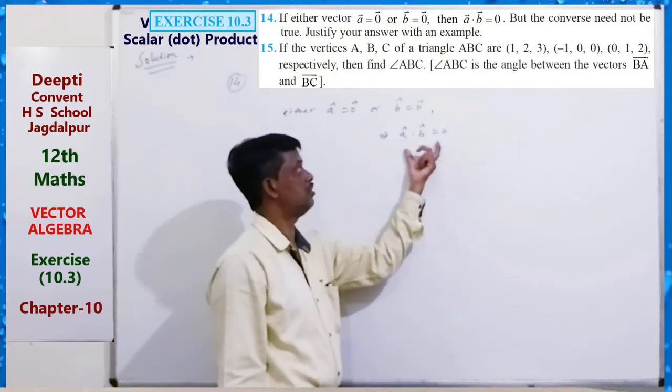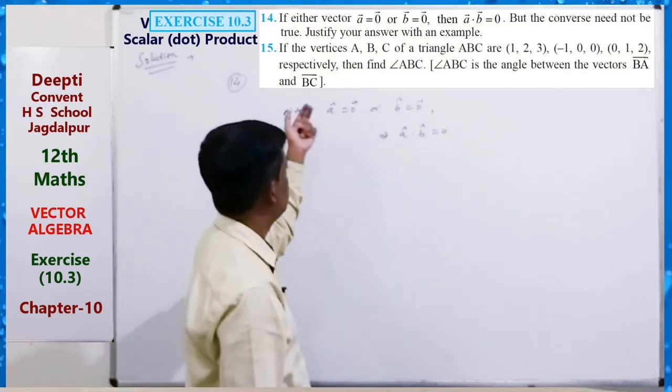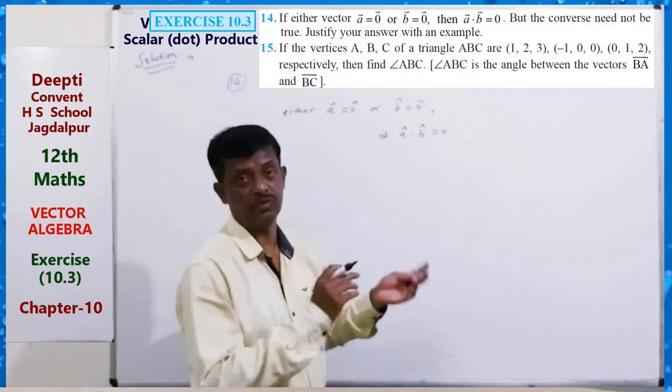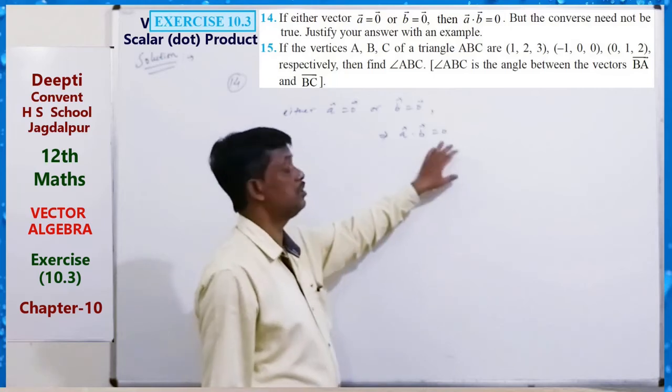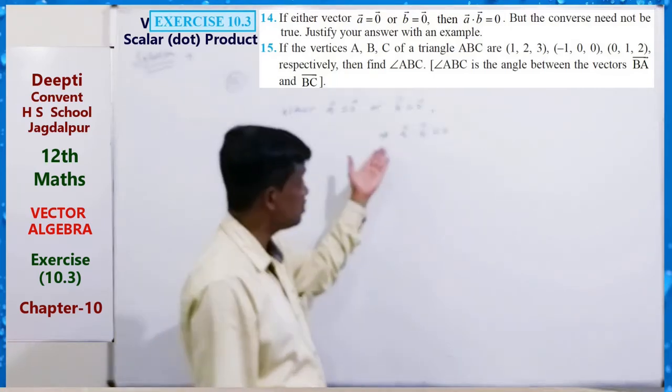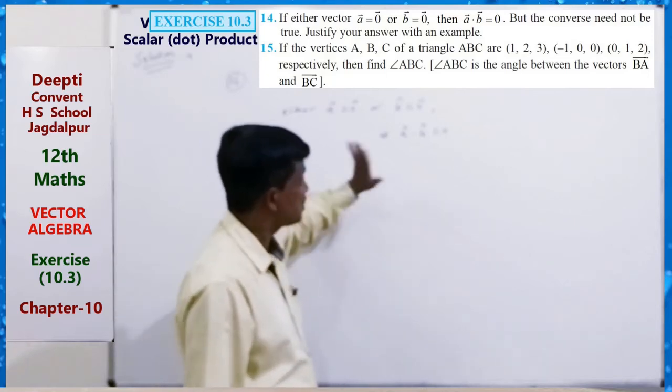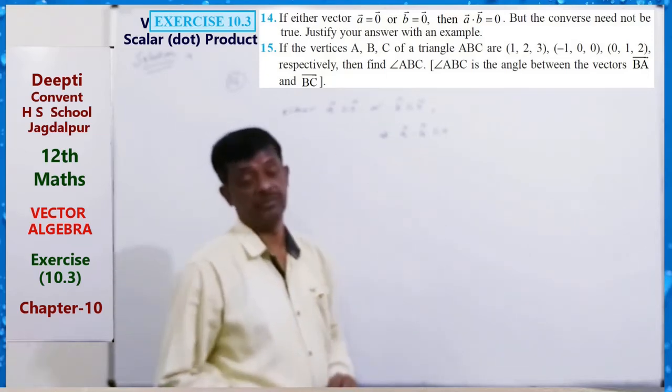Converse: if A dot B equals 0, then either A equals 0 or B equals 0. Converse need not be true, means if A dot B equals 0, then maybe A is not 0 and B is not 0. This type of example we have to give.